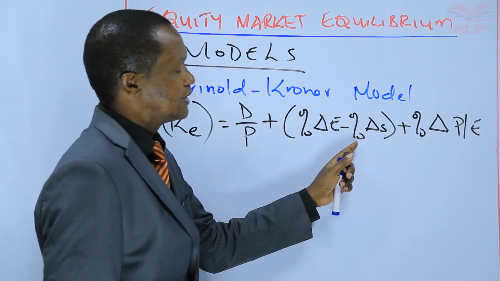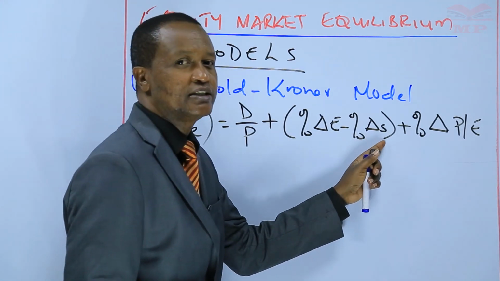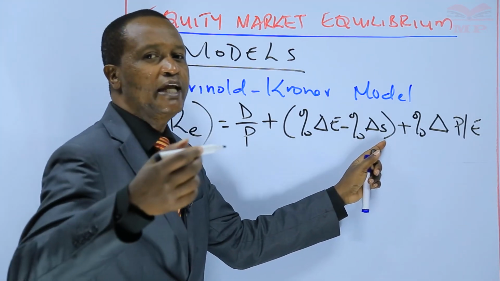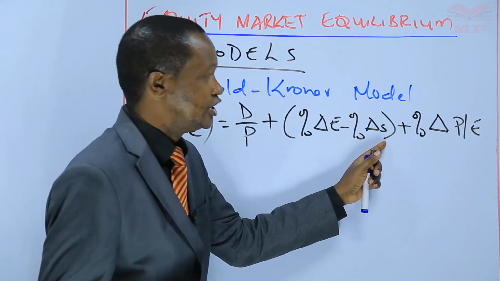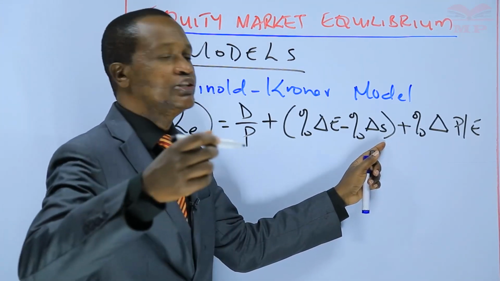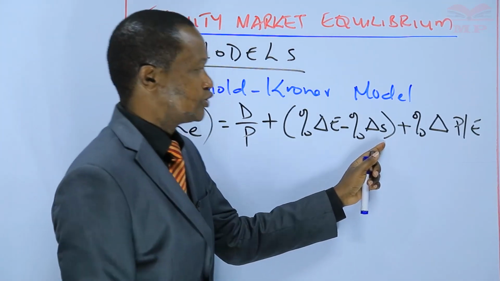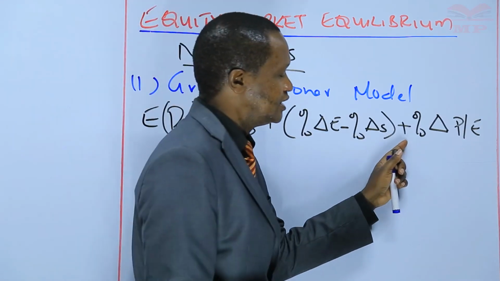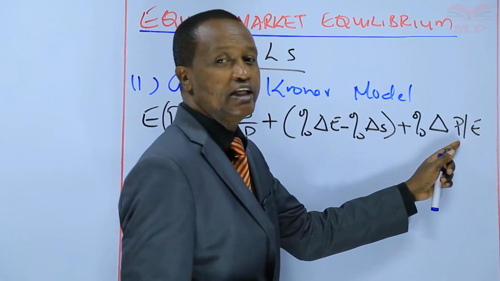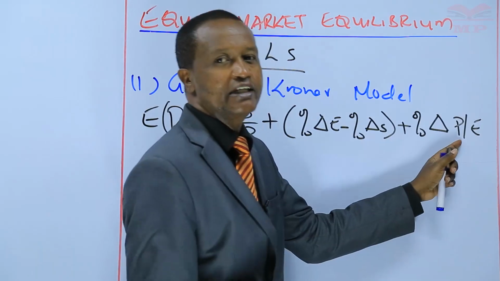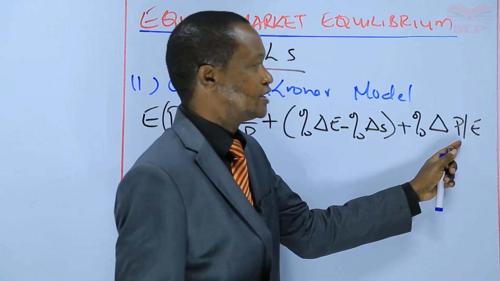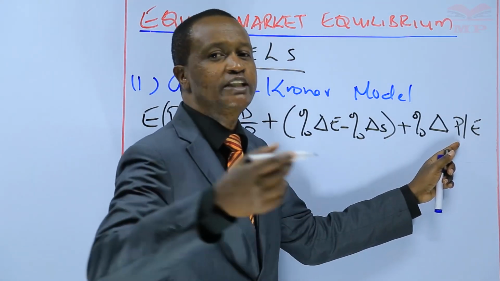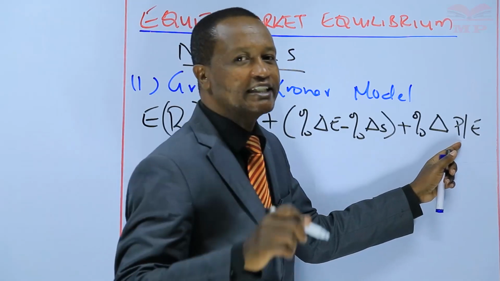Then percentage change S is the expected percentage change in outstanding shares or shares outstanding. Then we add the percentage change in the price earning, the expected percentage change in the price to earnings ratio.